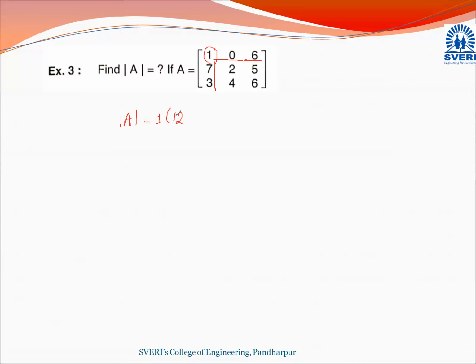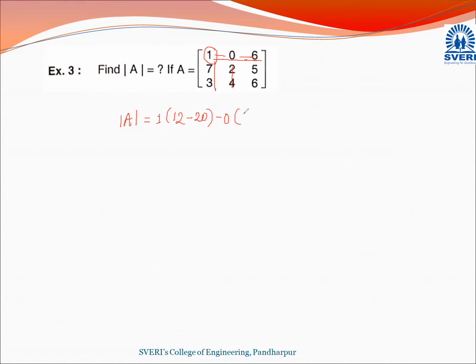So here 2 into 6 is 12, minus 4 into 5 is 20. The next is minus 0, then neglecting the terms below that 0 and beside that 0.